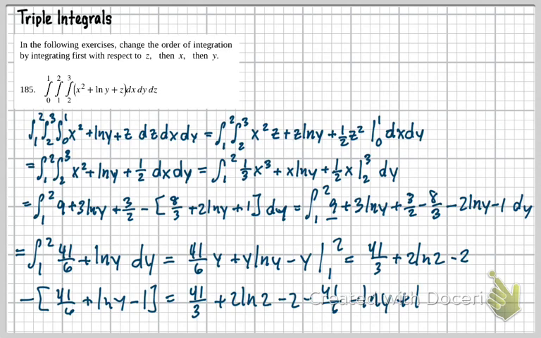And then put all my numbers together. So that's going to equal 35/6, and that's when I put the 41/3, 41/6, and the 1 together here. And then it's going to be plus 2 ln of 2. So there's our answer for this one here.